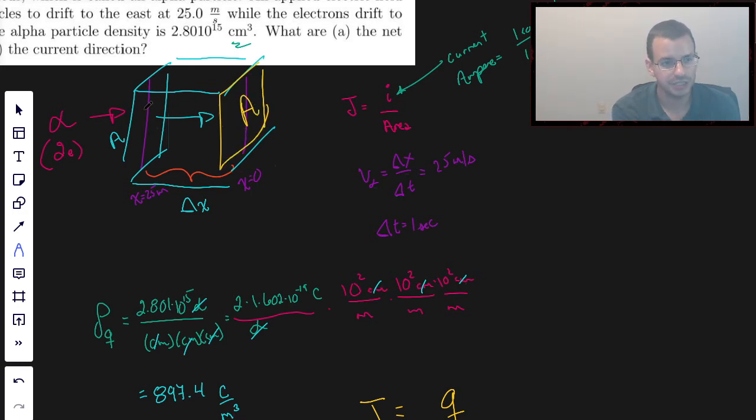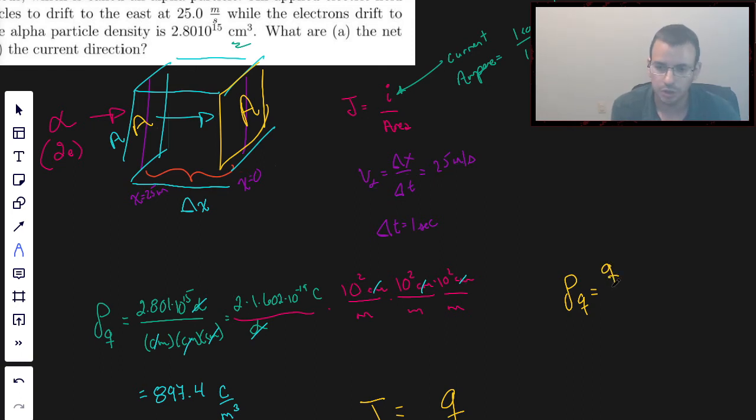And since the motion right here is perpendicular to the area, this area is going to be that area over on that side too. I know it sounds confusing. I apologize.